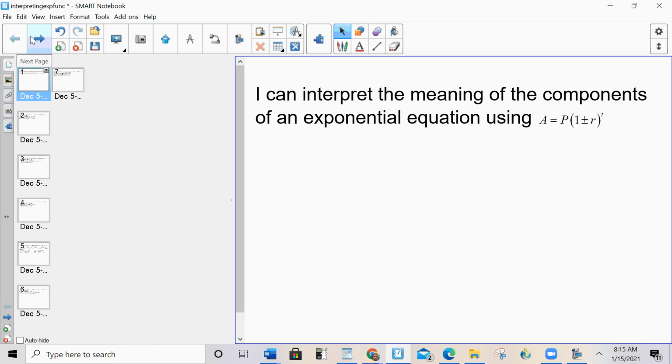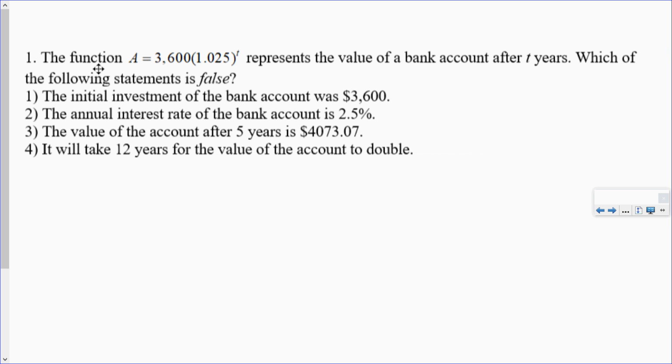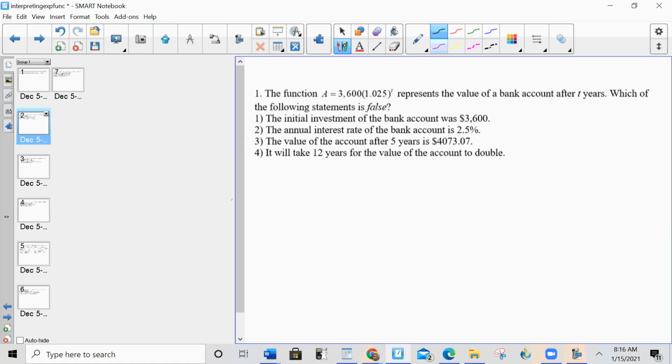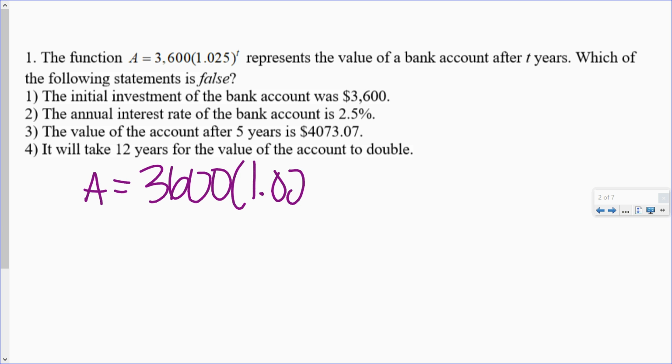Now what we're going to do, instead of building an exponential equation, I'm going to give you an exponential equation, and you need to understand what the different components mean. So, when I see this equation right here, I have A equals 3600 times 1.025 to the power of t.